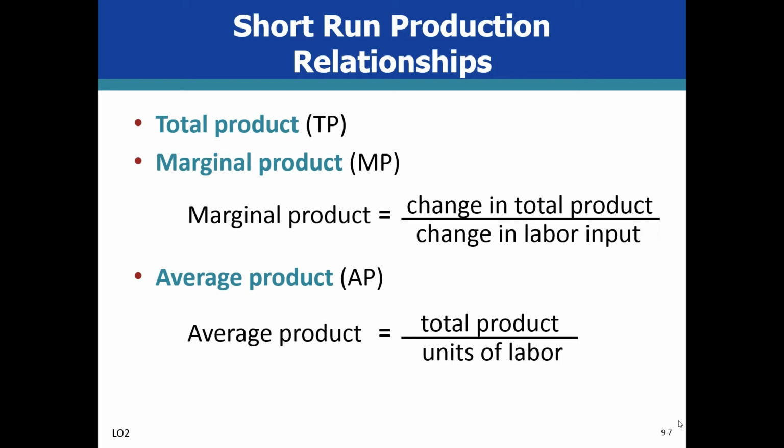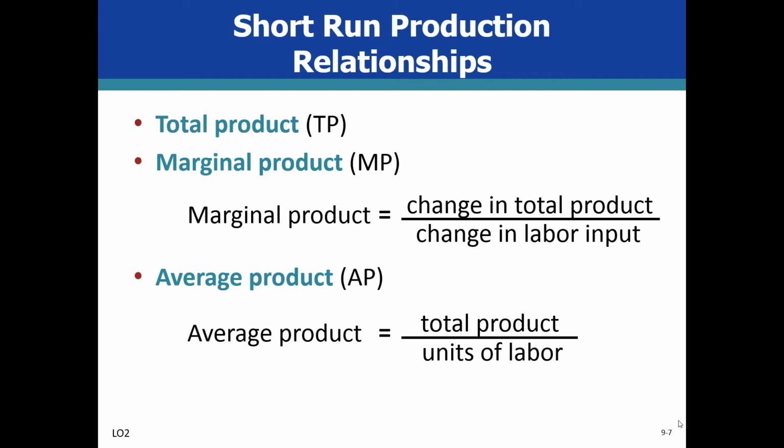We're going to use total product in a couple of the modules in this class. Marginal product is the additional output received by adding 1 unit of variable input. In our examples, we're going to use labor as the variable input.